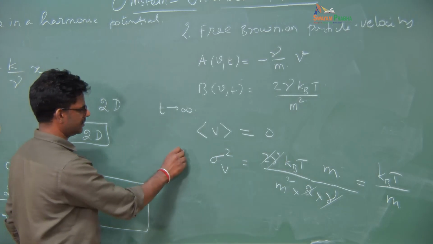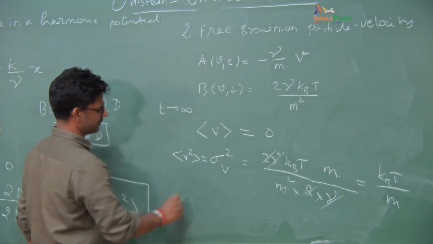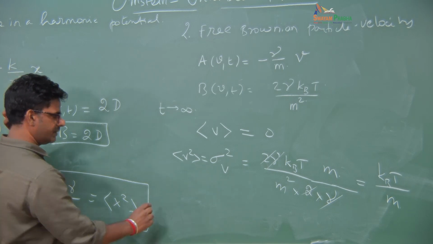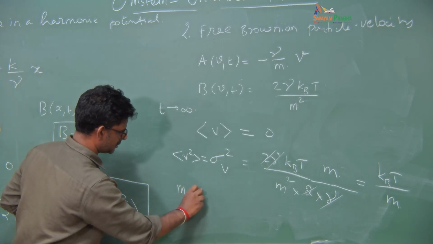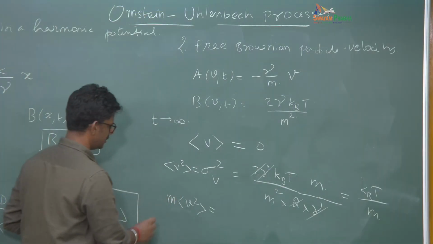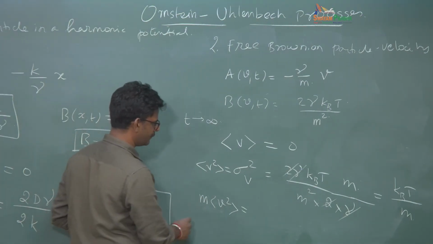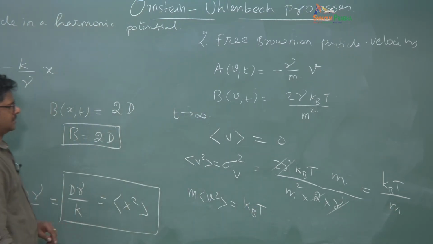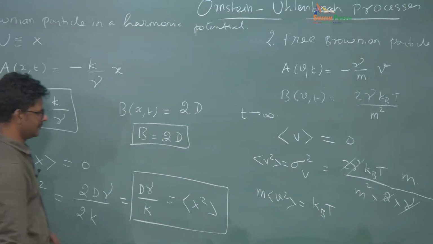And this is nothing but the mean square velocity, and we see that the kinetic energy of this basically comes as simply kBT.